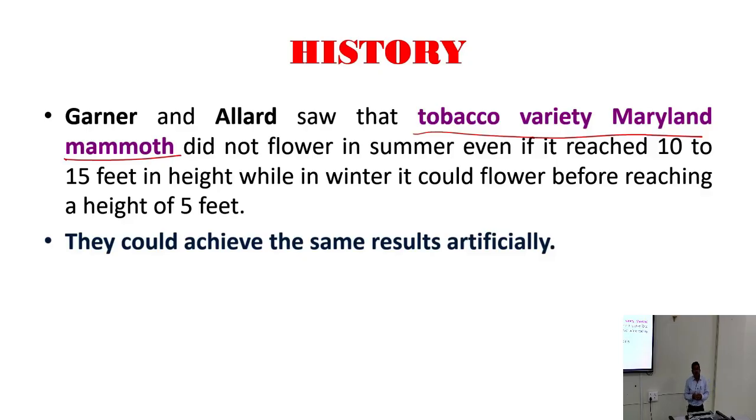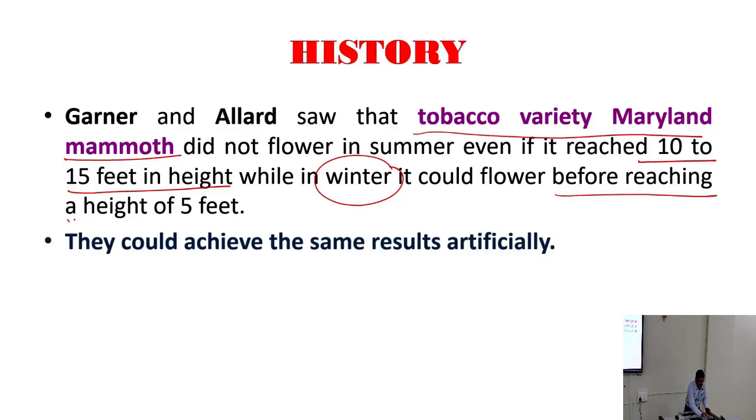So what did they observe? This tobacco variety Maryland Mammoth did not flower in summer, even if it reached 10 to 15 feet height. Even at 10 to 15 feet, it could not flower. But what happened in winter? In winter, it can flower before reaching just a height of 5 feet. Then they understood that it is not just the height of the plant.